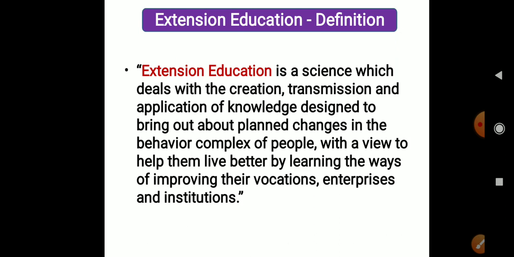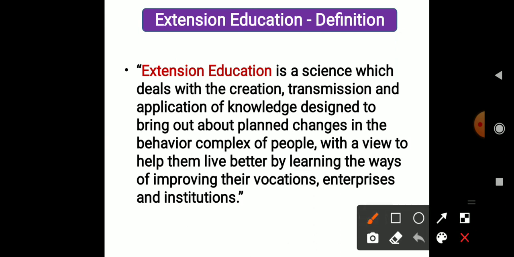Now extension education, a combined word. We have seen in the meaning that it is associated with extension service or extension education. Now what is extension education then? Again we need to make bifurcation.